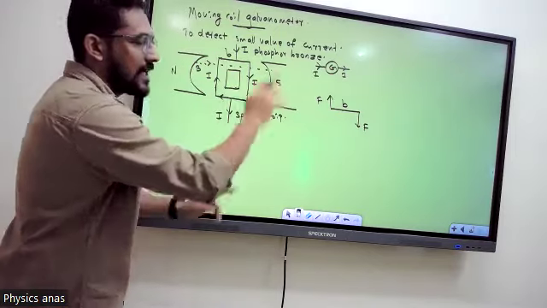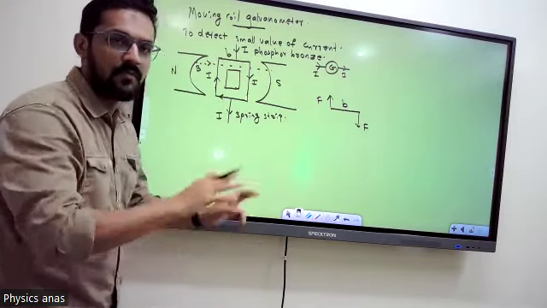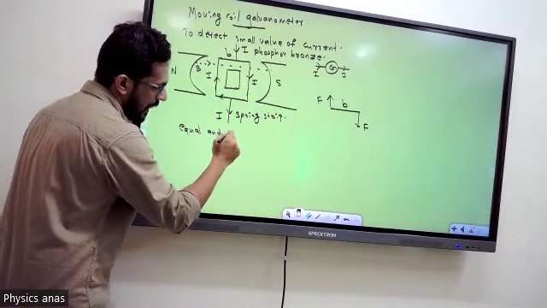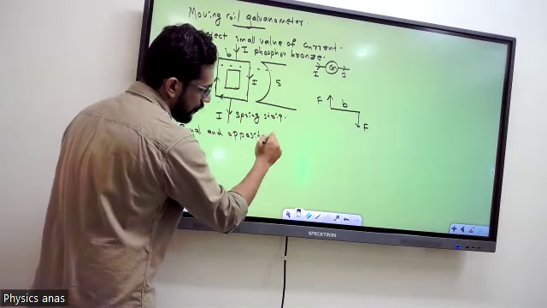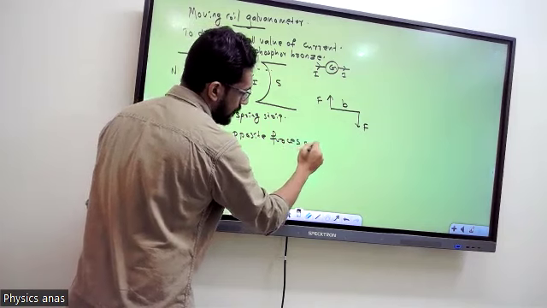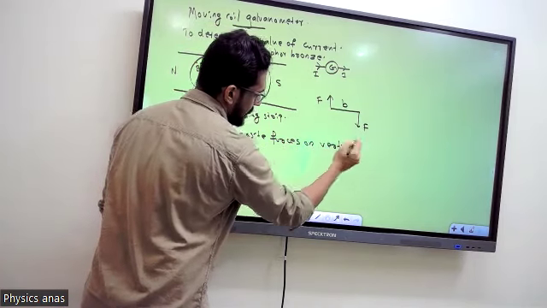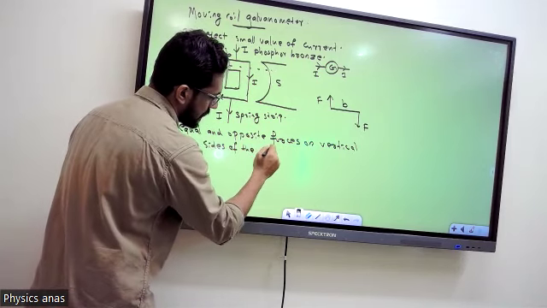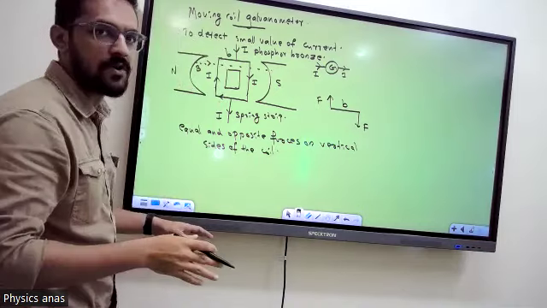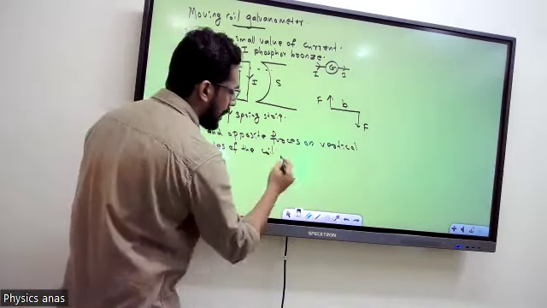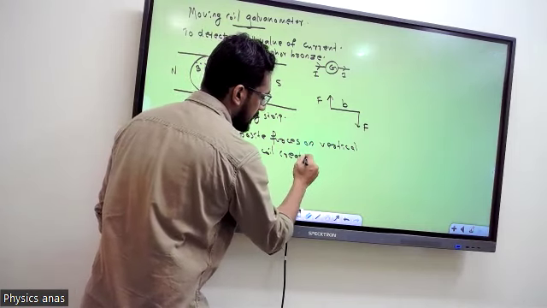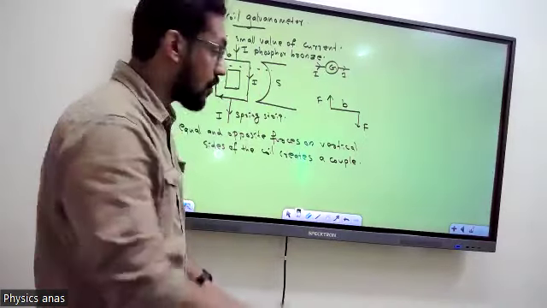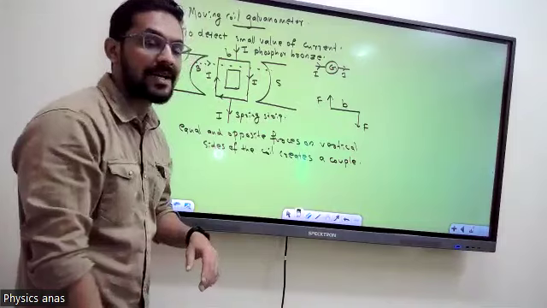Equal and opposite forces on the vertical sides of the coil create a couple.